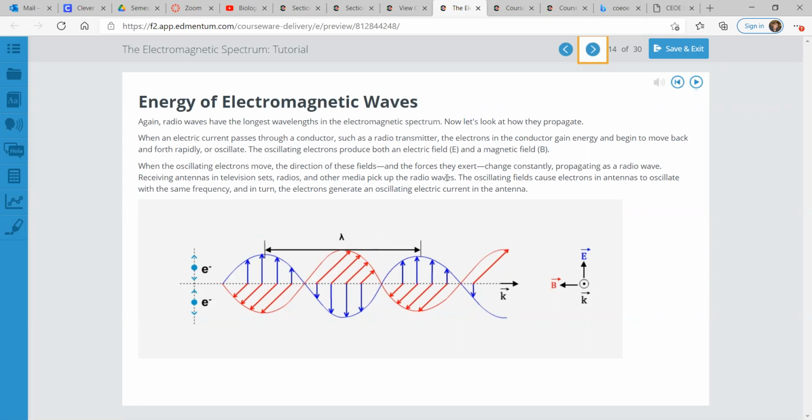The oscillating fields cause electrons in antennas to oscillate with the same frequency, and in turn, the electrons generate an oscillating electric current in the antenna. So here we see the electric field and the magnetic field and the electron bouncing back and forth.